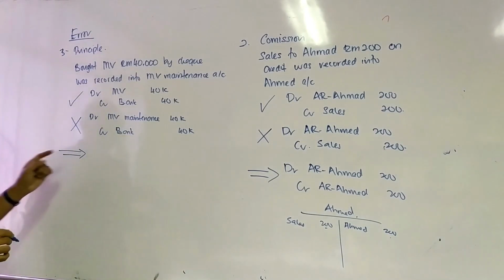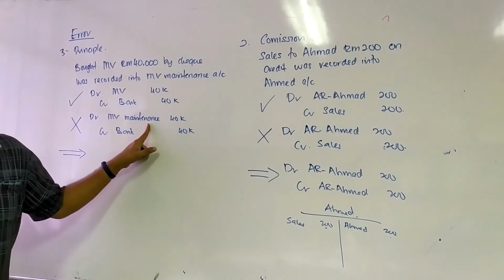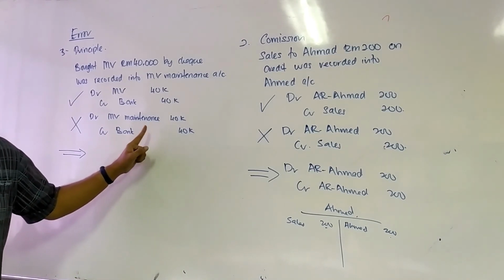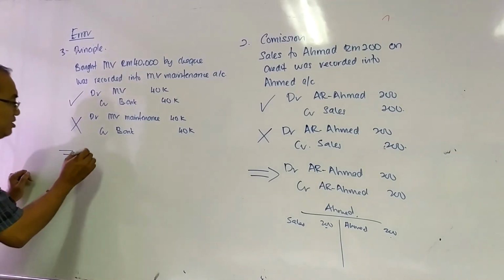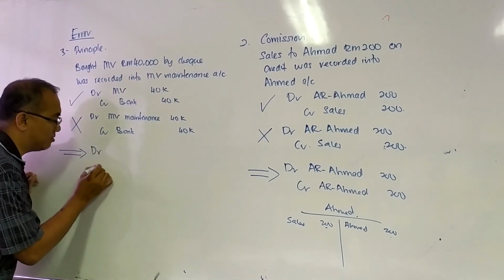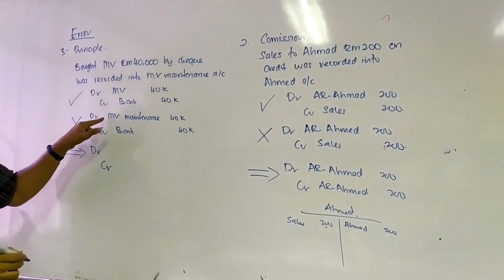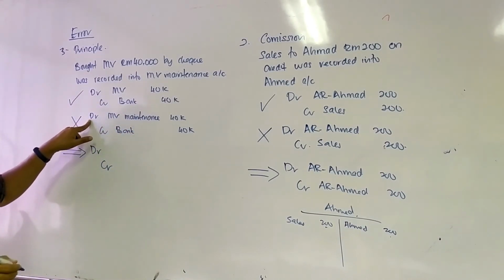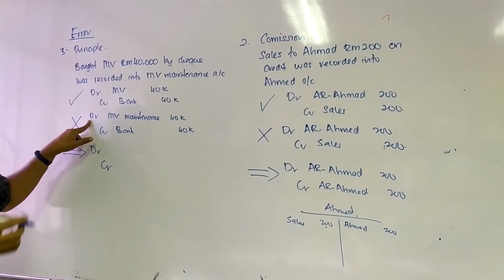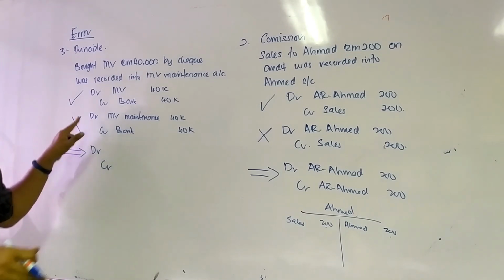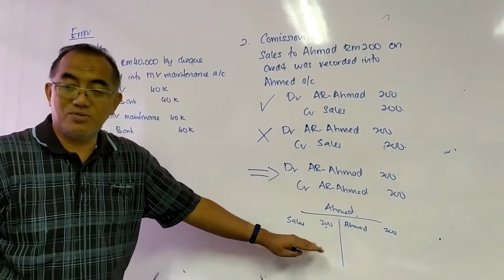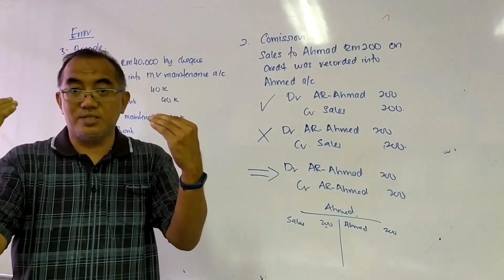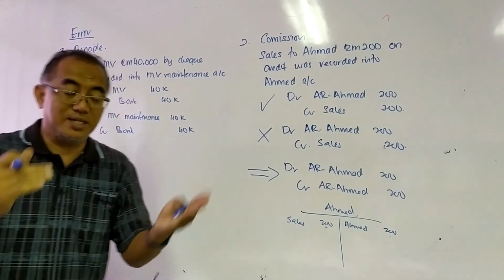Of course, this does not belong here. We need to zeroize this motor vehicle maintenance. How to zeroize your expense account? Before this it is at the debit side, you need to credit. Before this, you put debit 40,000. So if you put 40,000 here, now it's zero. Right, 40 minus 40.